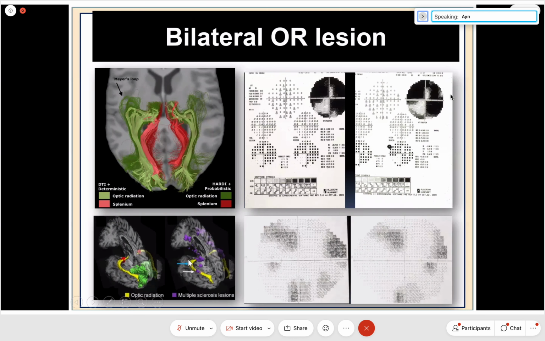It can occur, for example, with traumatic brain injury or even a multiple sclerosis lesion. Sometimes the patient complains that they have difficulty seeing objects. If we plot the visual field, although it is not very obvious, if we look carefully, it is a mirror image. So this indicates a bilateral optic radiation lesion.